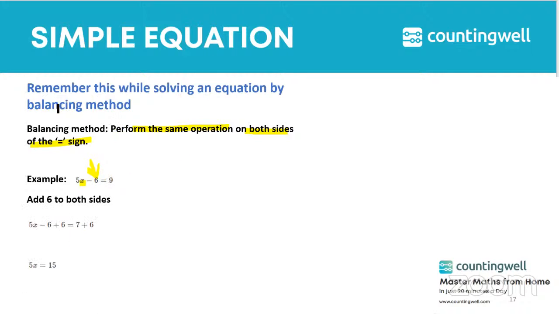So that is what we are doing in balancing method. So the 6 cancels out. We have 5x equals 15. Now we want to find the value of x. So 5 is multiplied to x here. So in order to make it as only 1x or x, you have to divide the LHS by 5. So we have to do the same on the RHS.